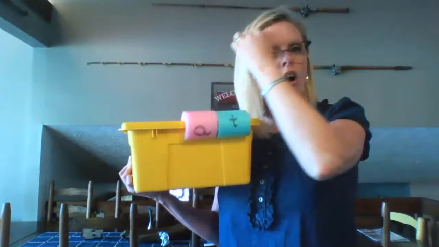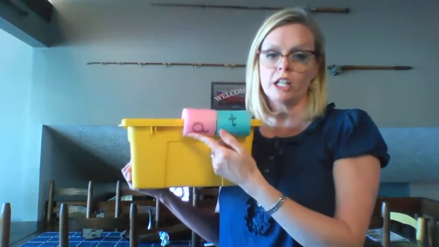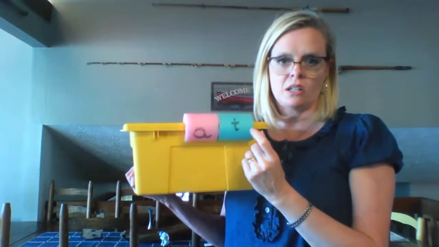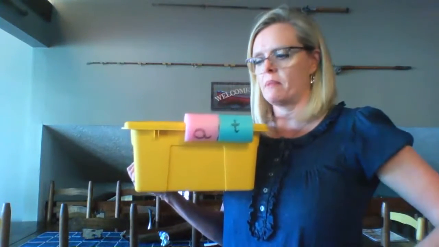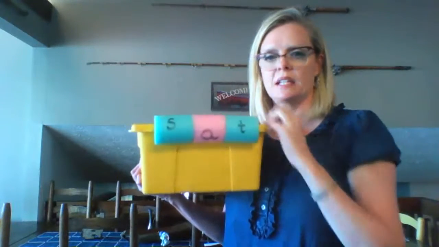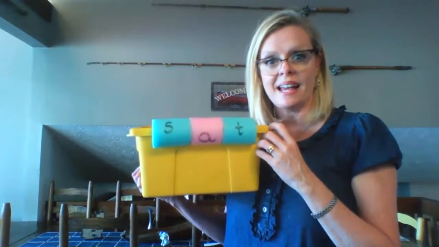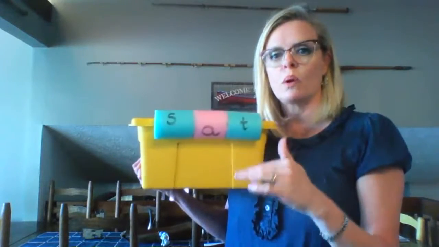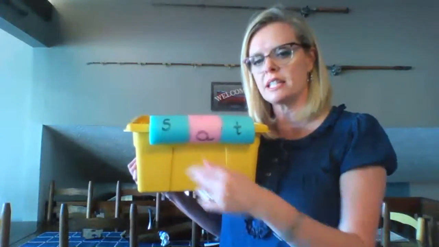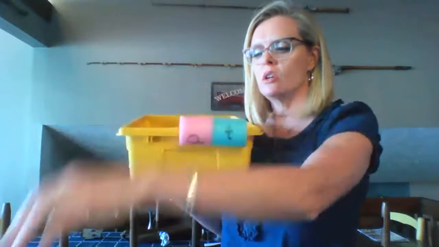And you'll notice all of the vowels were one color and the consonants are another color. So if we had at as our word family and we added an S, our word is what? Sat. Now you would have your child then replace the initial letter sound to come up with new words.